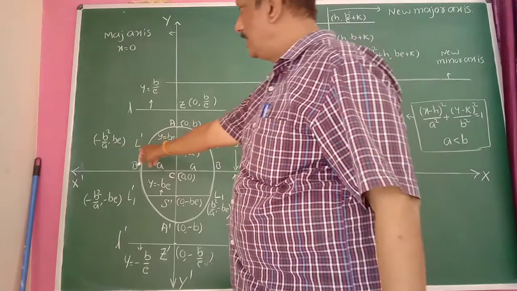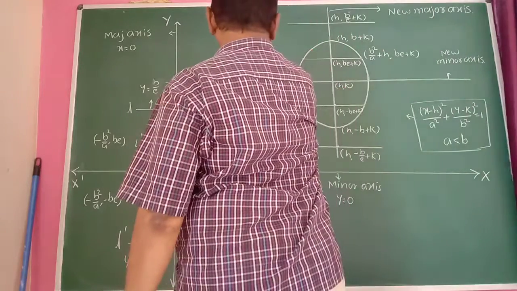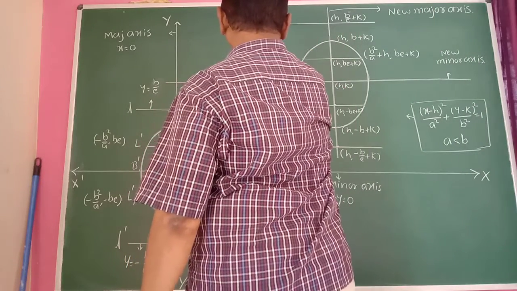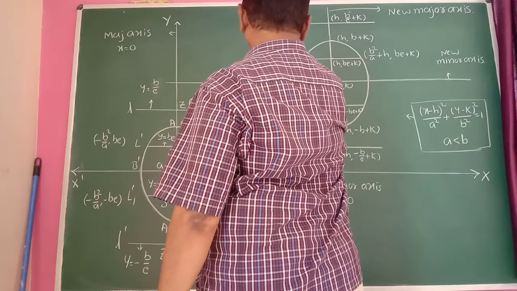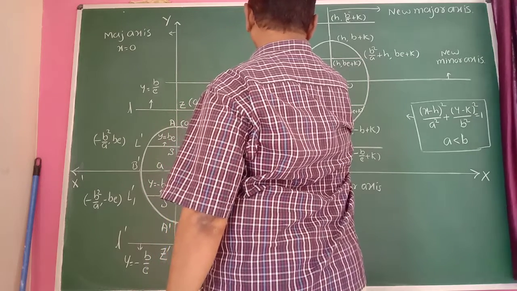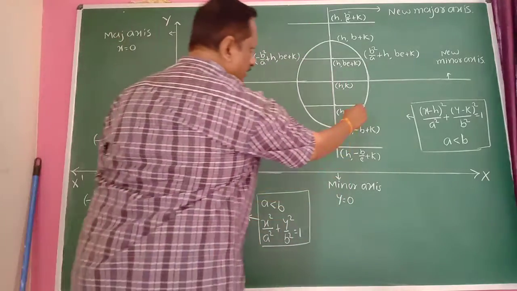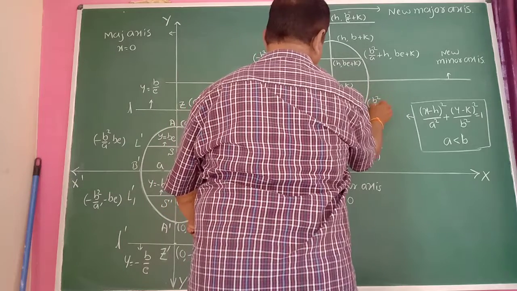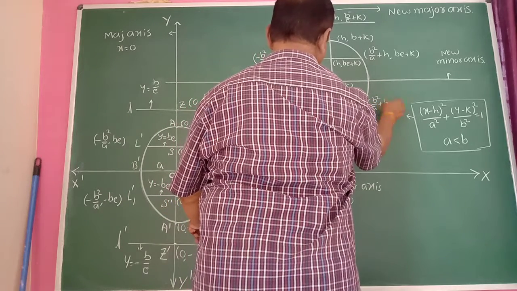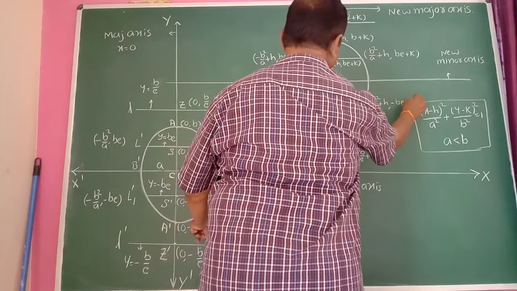Then the coordinate of L dash becomes minus b square divided by a plus h comma be plus k. And the coordinate of this point is b square divided by a plus h comma minus be plus k.